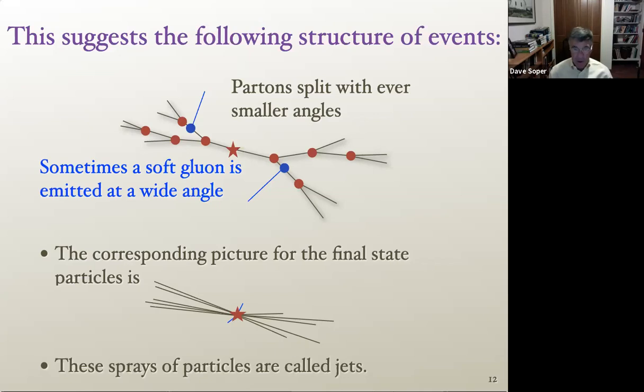It's a picture like I drew down here, where there's a spray of particles going out one way, a spray of particles going out another way, with rather small angles, and then some particles going out sideways, but with very small energy. So I drew 2 sideways going ones. Those are soft particles. And those sprays of particles we call jets.